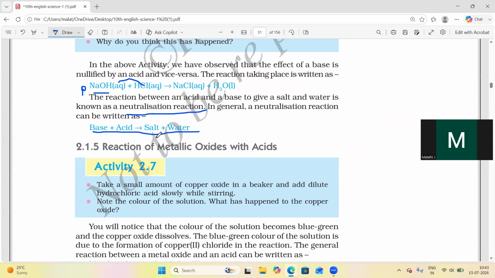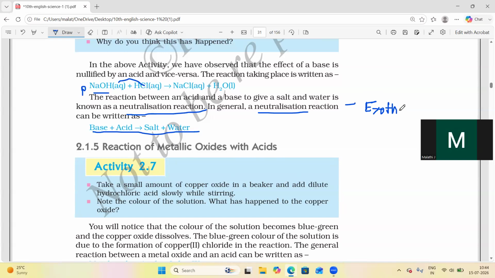You can take some examples for this. Also, this is important: neutralization reactions are exothermic reactions. We already discussed what exothermic is: liberation of heat along with the products.